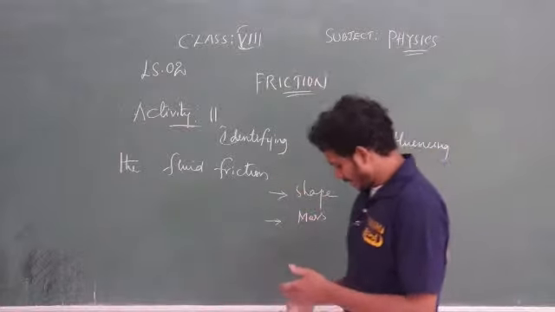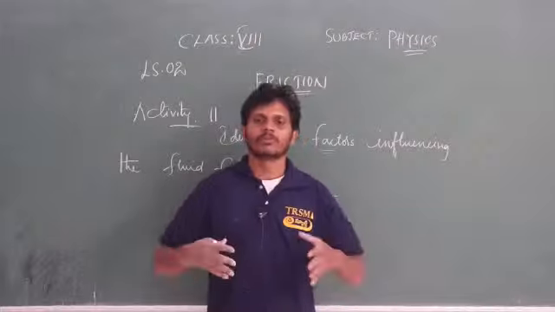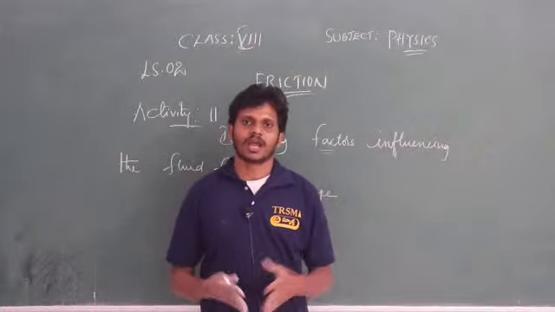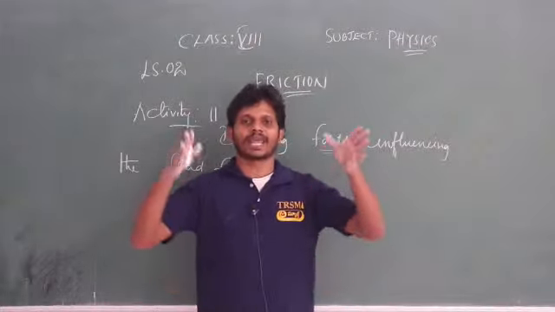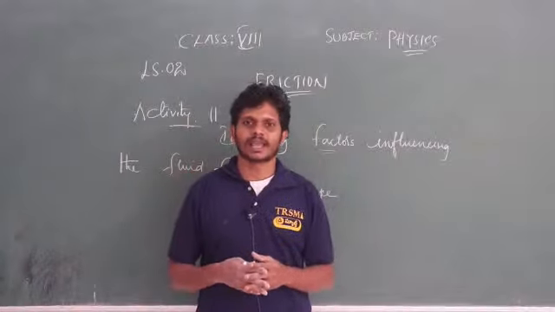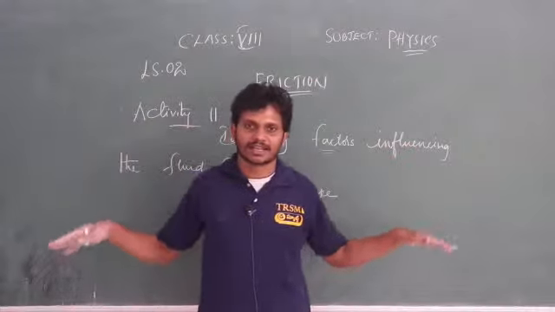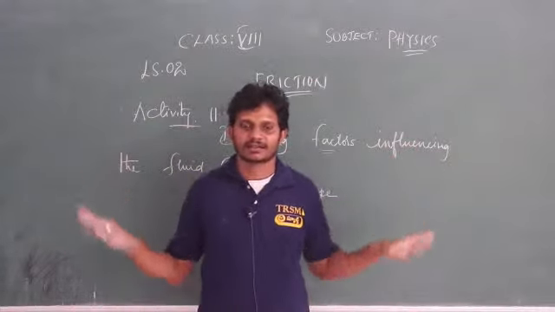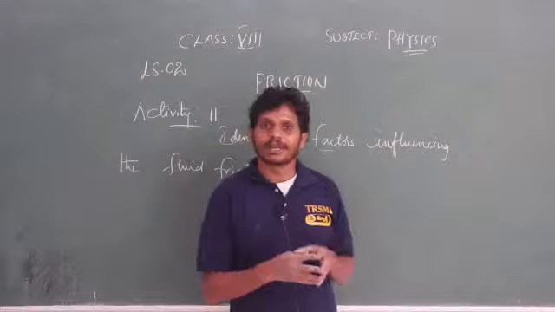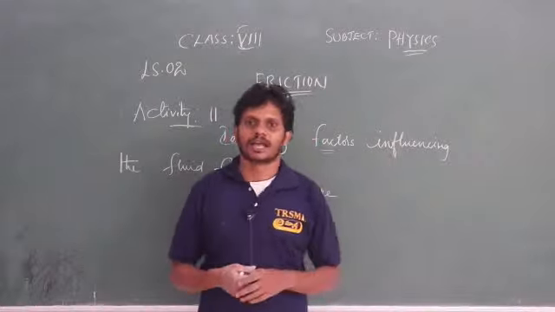So we see many objects moving in water bodies, and many objects moving in air. Like birds, they fly in the air. And what about this aeroplane? Even it flies in the atmosphere.